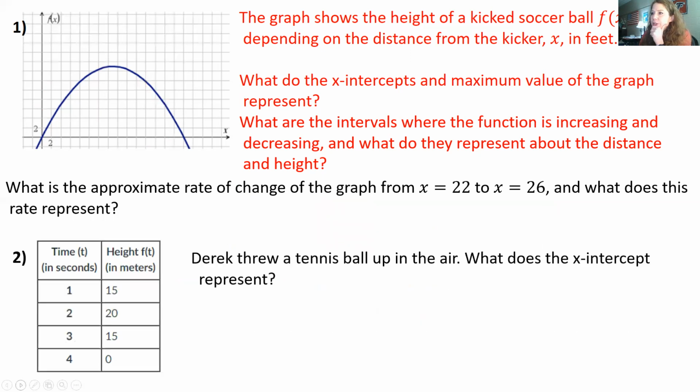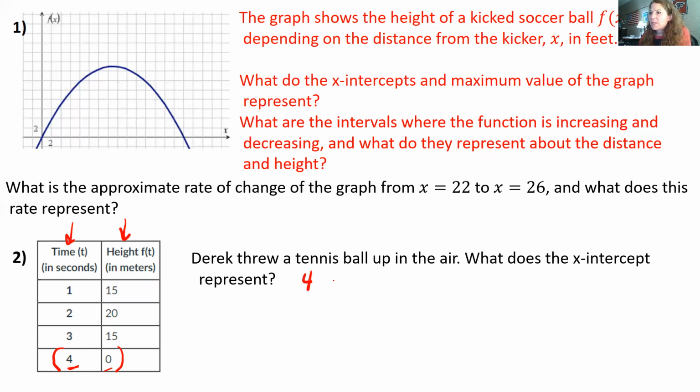Number two, it says Derek threw a tennis ball up in the air. What is the x-intercept? So remember, the x-intercept is what x is when y is 0. Well, there it is right there. There's our x-intercept. So what does y mean in this situation? It's the height, and our x represents time. So what does this specifically mean in this scenario?